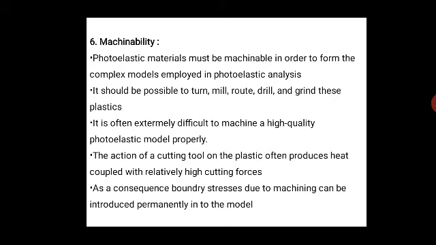For these photoelastic materials, we also discussed the different material properties, and we have listed six properties, including machinability. With this, module 3, that is chapter 3 and chapter 4, two-dimensional photoelasticity, has been completed, and the further classes will be taken up. This completes module 3. Thank you.